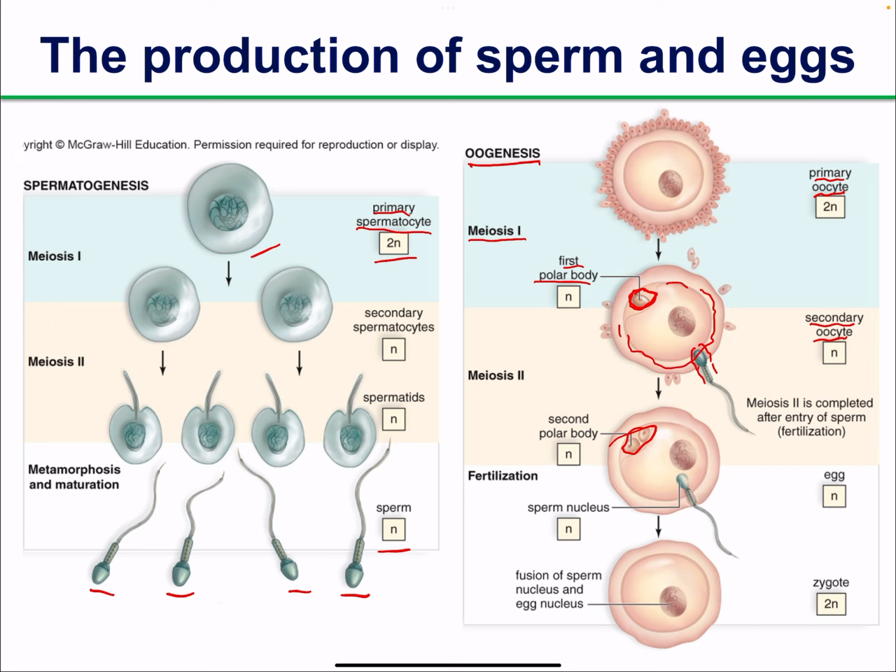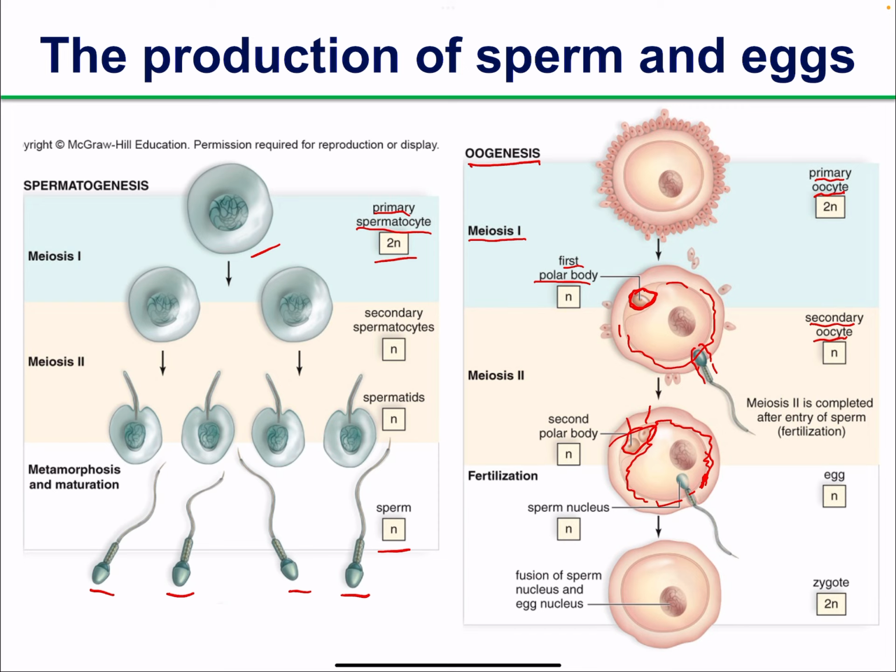And this cell also is going to divide into 2, so that we are going to have 1, 2, and a third polar body. While this big cell, that is actually the egg, is the one that is going to move on to be fertilized.